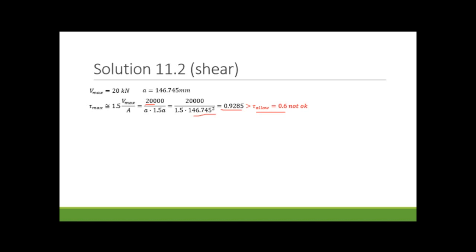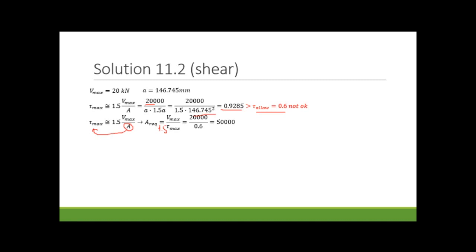Therefore, I have to update our A value in order to satisfy the relationship. We don't know A, so I have to work with respect to these sections. Therefore I put the A in here and Vmax in here. Sorry that I put the 1.5 in here.